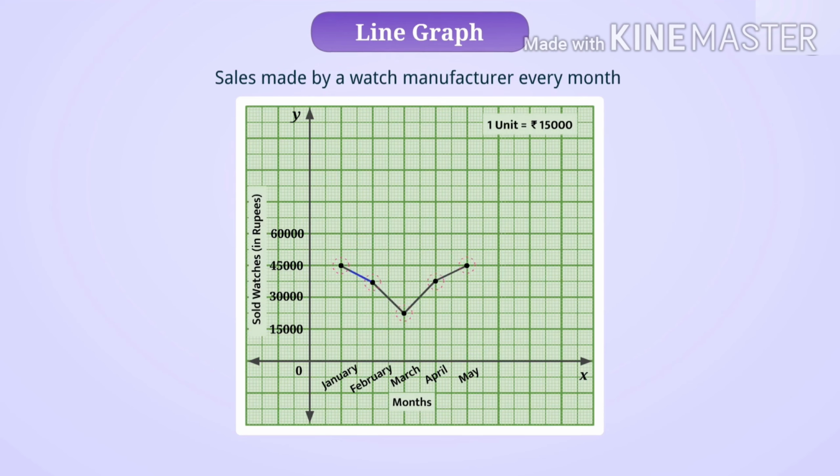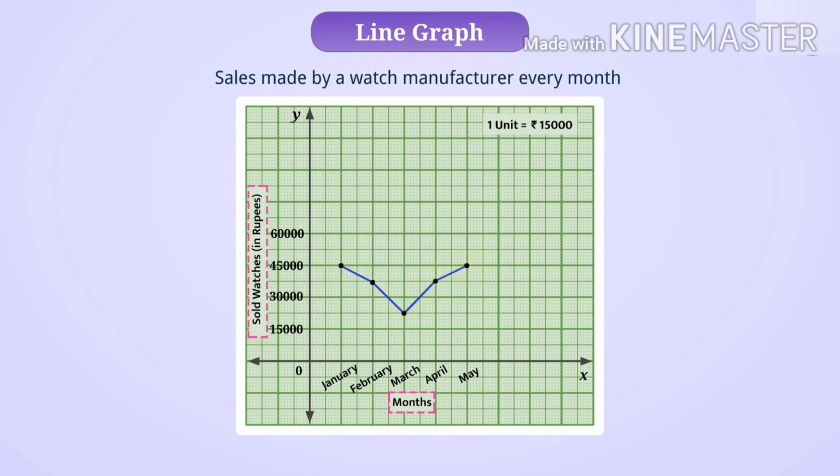This example shows the various numbers of watches in different months, and these points show the number of watches sold in a particular month, and all the points are joined by a line. This is why this graph is called a line graph.